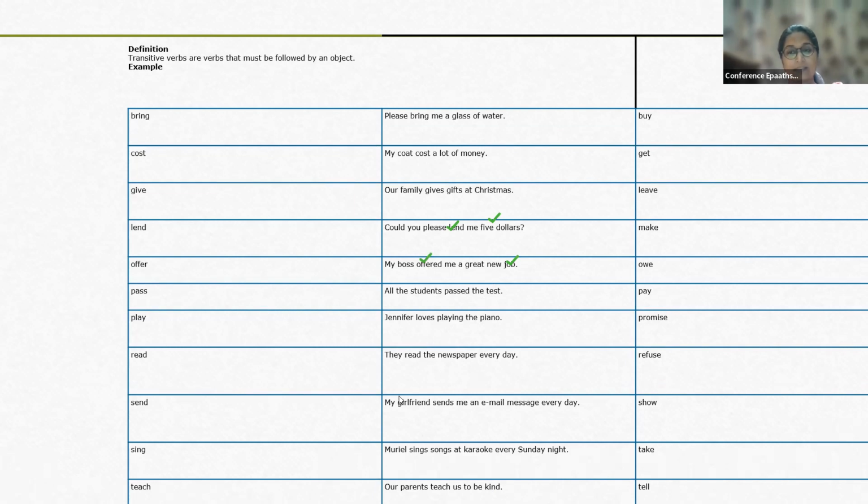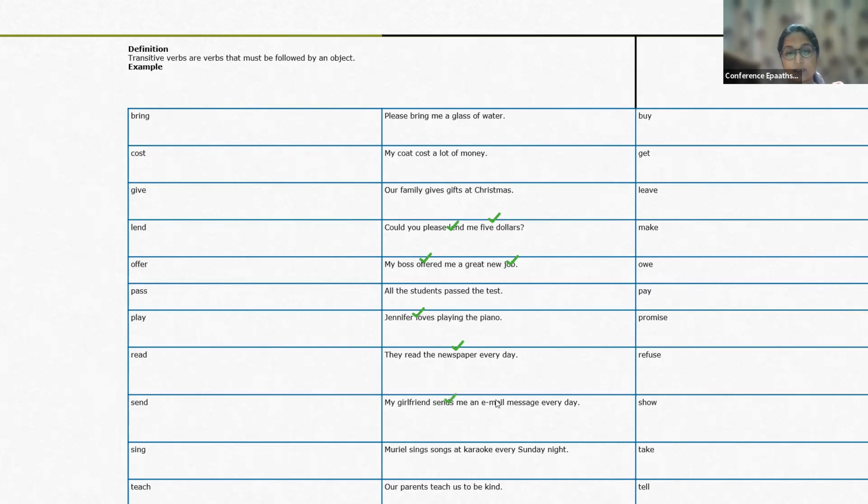Now play. Jennifer loves playing the piano. So what is the object here? Playing the piano. The whole thing is the object. Now read. They read the newspaper every day. They read what? The newspaper. Send. My girlfriend sends me an email message every day.